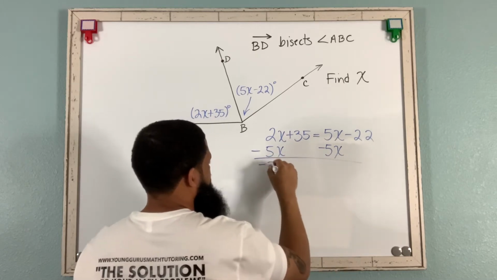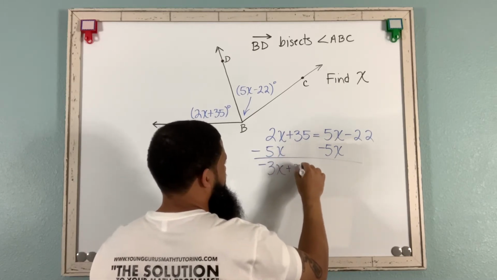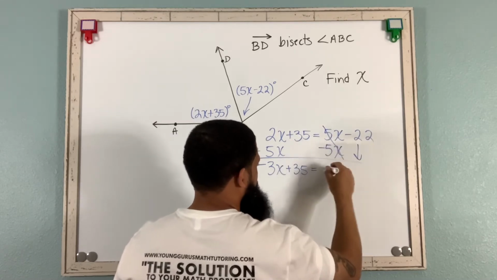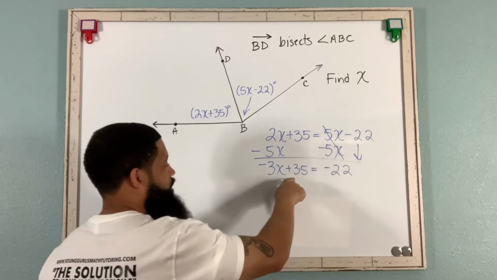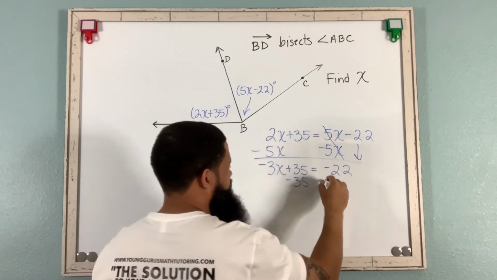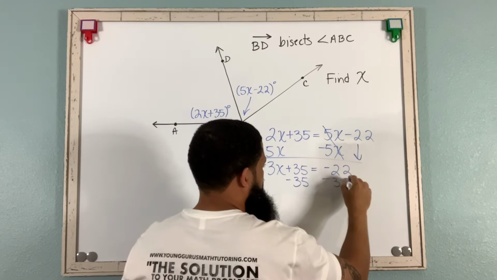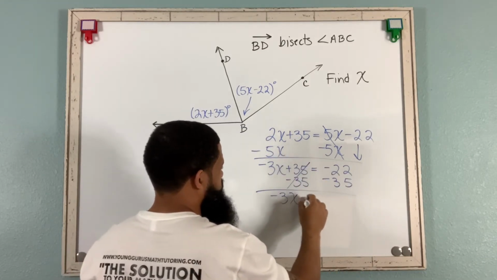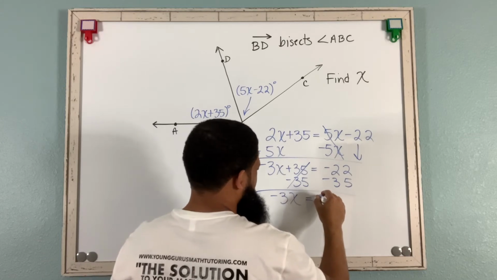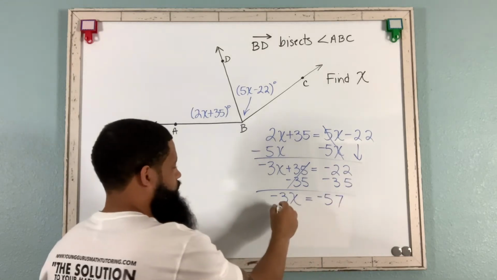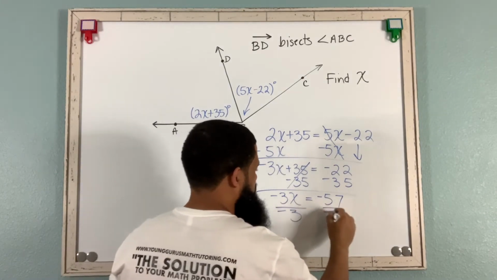That gives me negative 3x plus 35 is equal to negative 22. Now I need to take that plus 35 to the other side, so I subtract it because of inverse operations. We have negative 3x is equal to negative 57. Divide by negative 3.